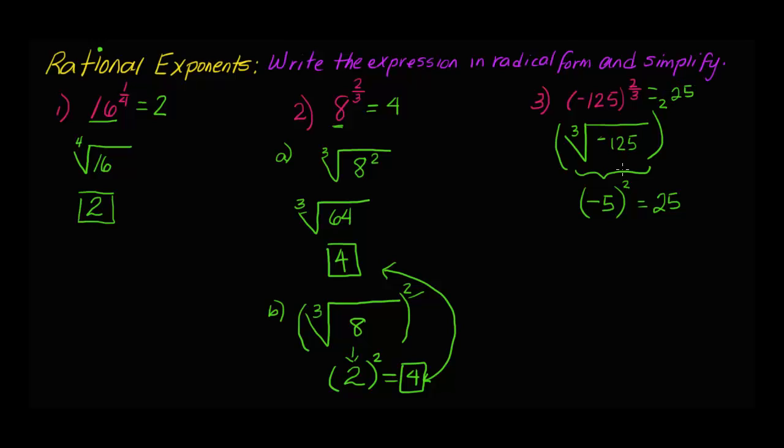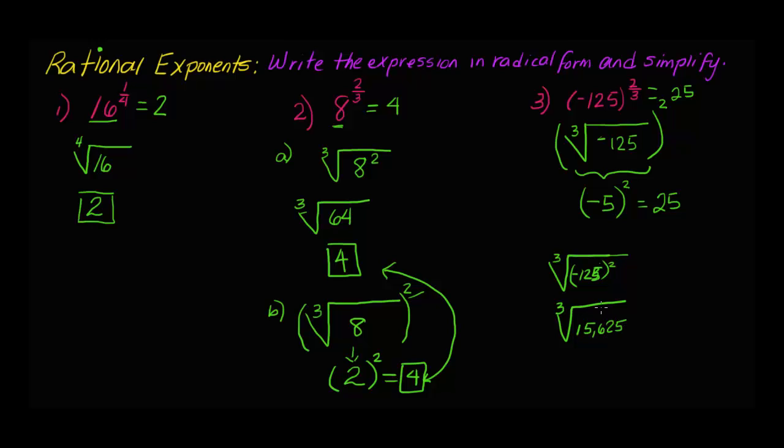Okay? Now if I use the other method where I write the radical, I write the radicand, I raise this to the second power, and use the cube root, this is more difficult because then I have to multiply 125 times 125. And that's going to give you a really big number. It's going to give you the cube root of positive 15,625.